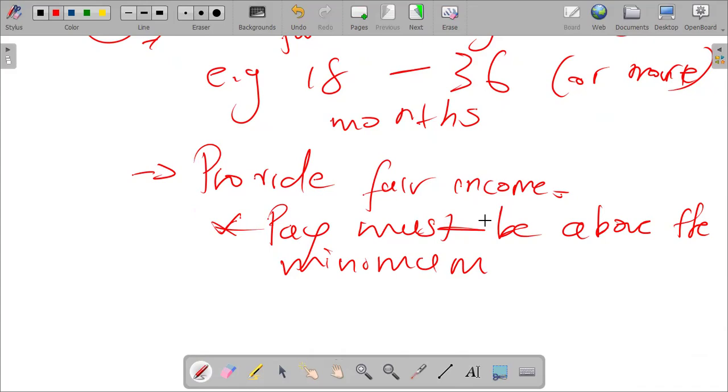So what does that mean? It means that however much people are getting, they must be able to sustain themselves and their households, and their families.